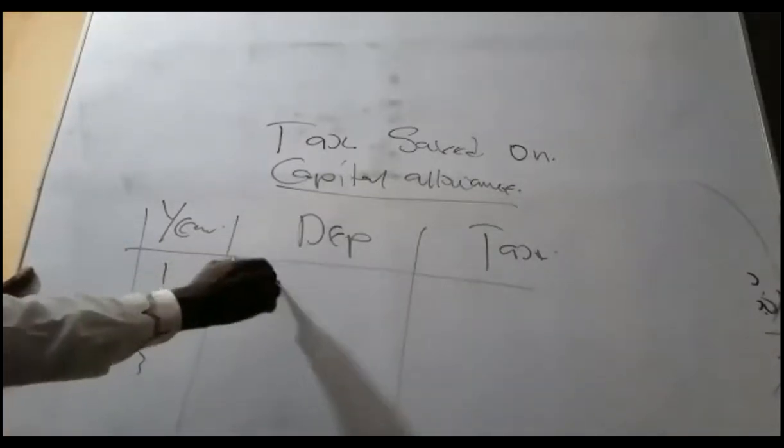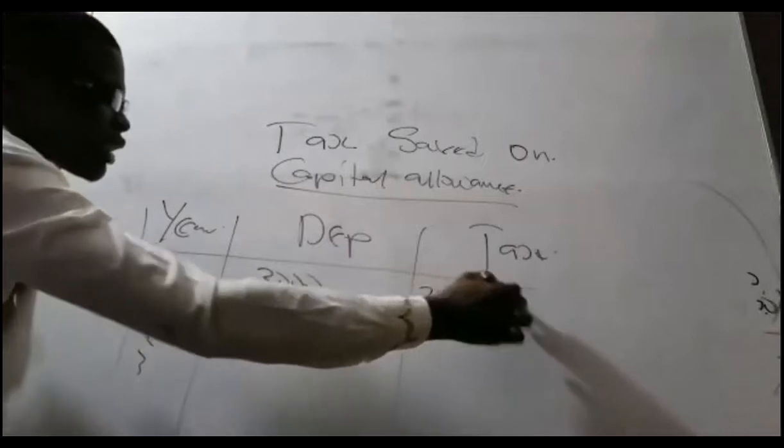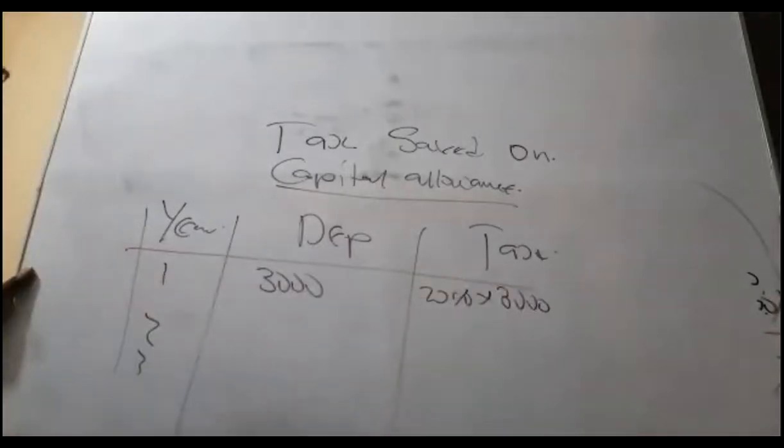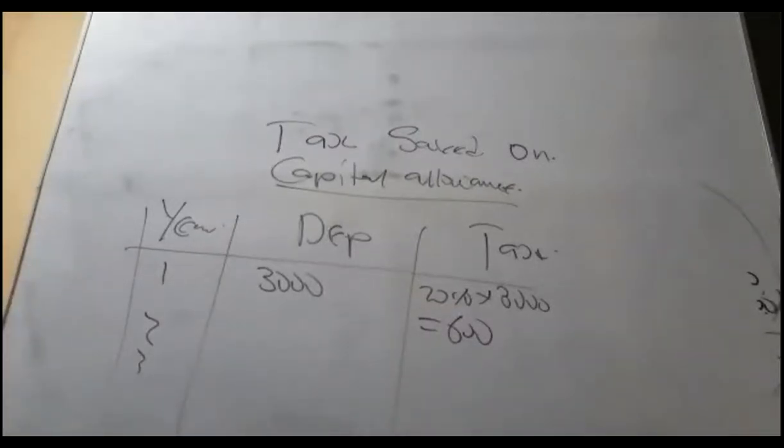If the depreciation is 3,000 and the tax rate is 20%, it's 20% times the 3,000. Then you get 600. That becomes the tax saved. So basically that's the tax saved.